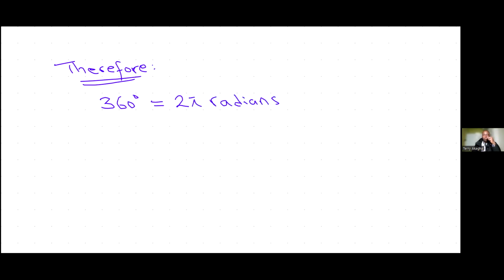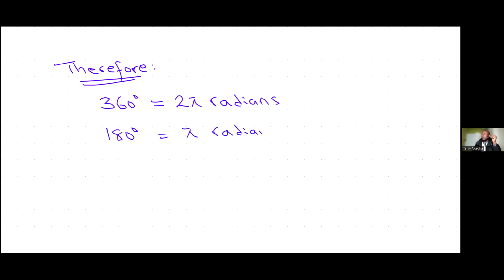Based on what we've talked about, since we know at the center was 360 degrees, the equivalent in radians is 2 pi radians. So 360 degrees is equal to 2 pi radians. If we divide both sides by 2, 180 degrees is equal to pi radians.